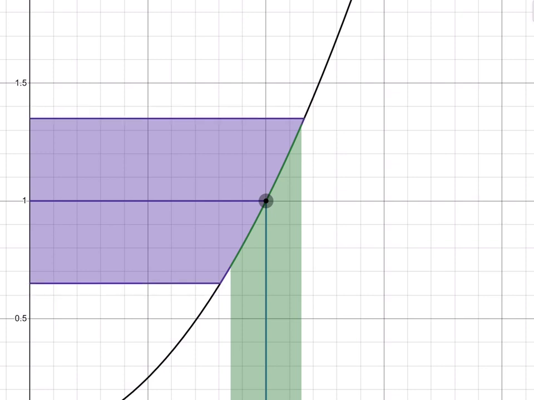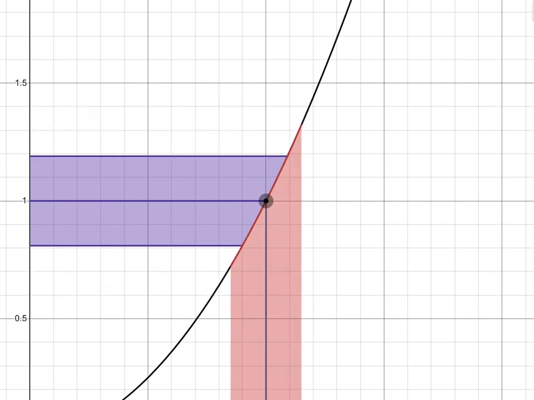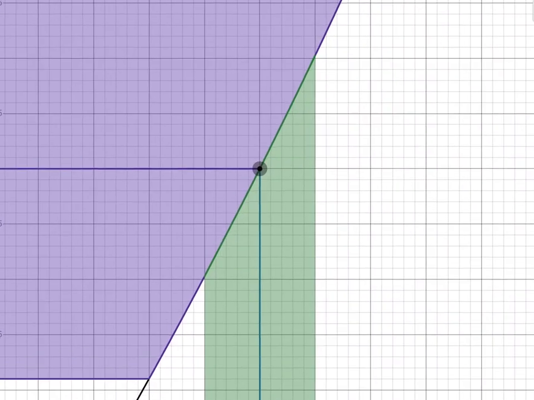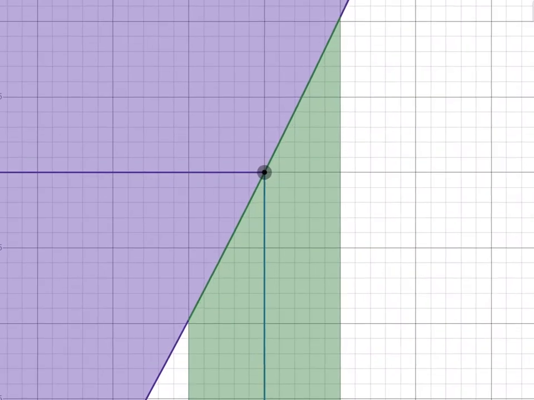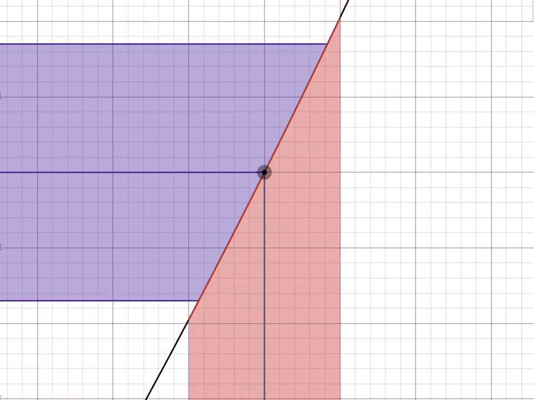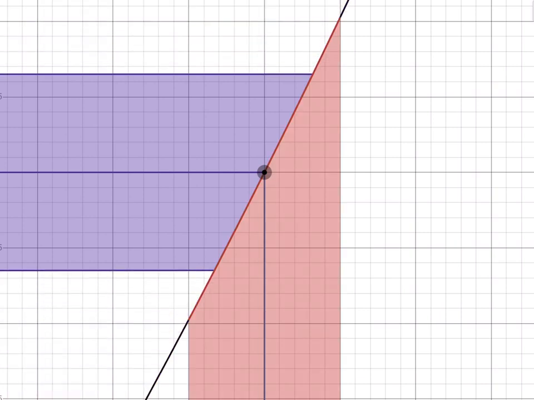But then again, if epsilon gets smaller, that delta's too big, and we have to pick a delta that's even smaller. And what this means is that effectively, we need to be able to do this no matter what size epsilon is. So if epsilon gets even smaller, we need to be able to pick a delta that's small enough.